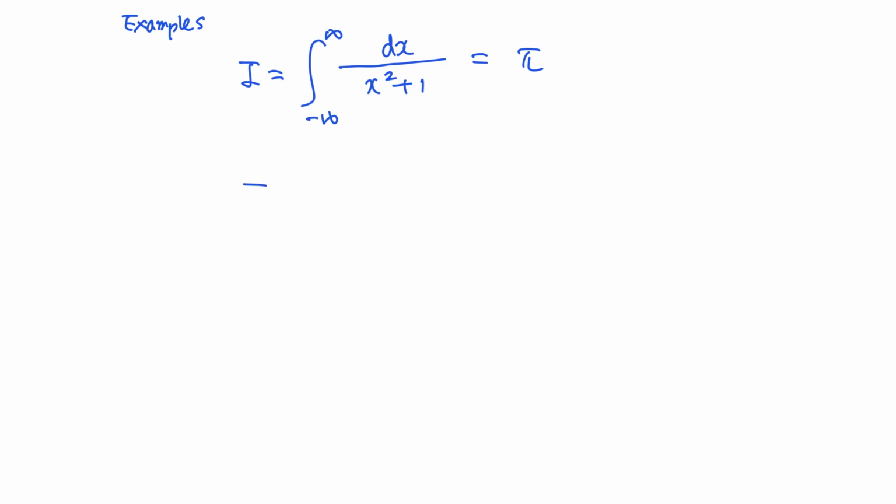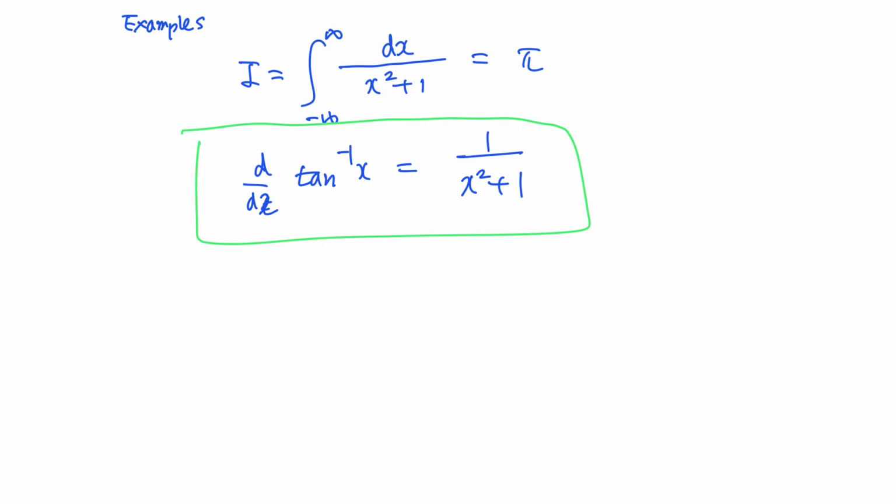The integral of 1 over x squared plus 1 dx. Tangent inverse x. If we differentiate tangent inverse x, what do you have? 1 over x squared plus 1. You know this formula, right? So we already know this answer.